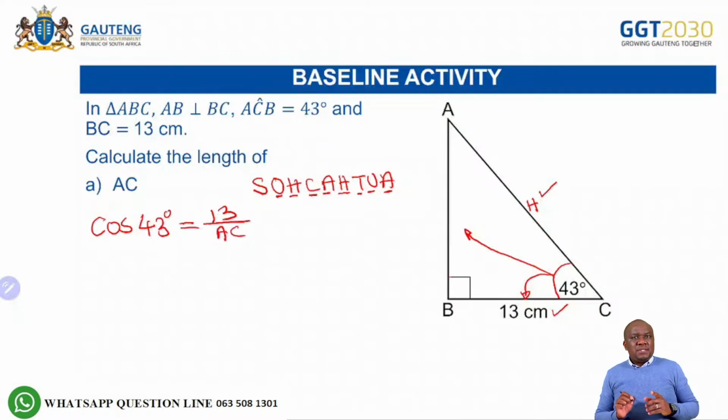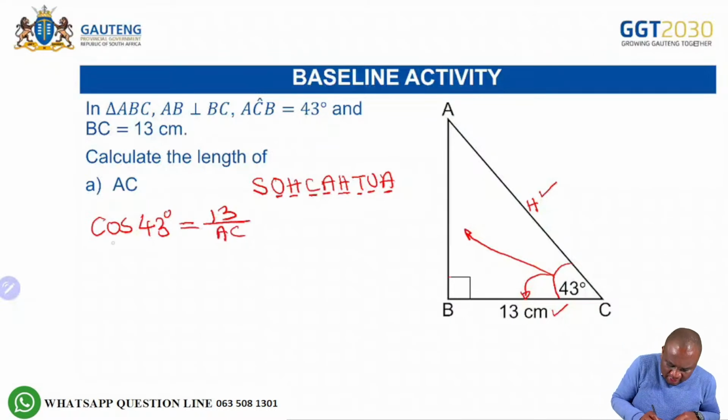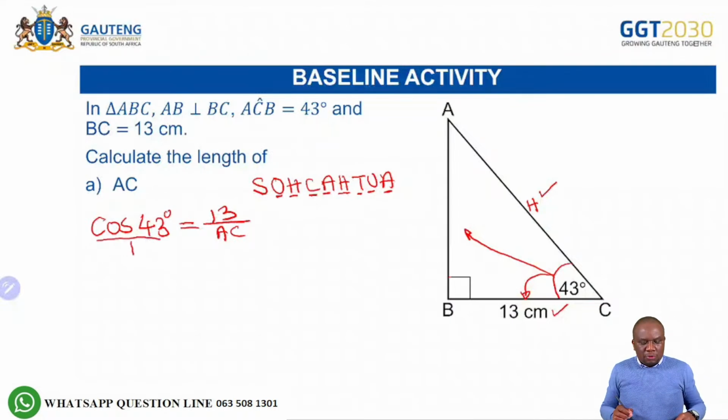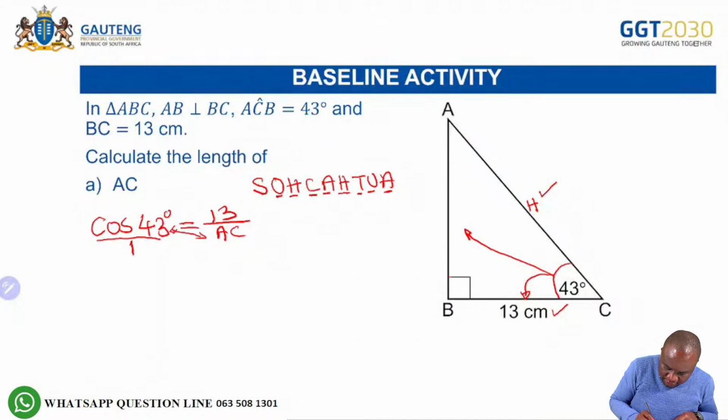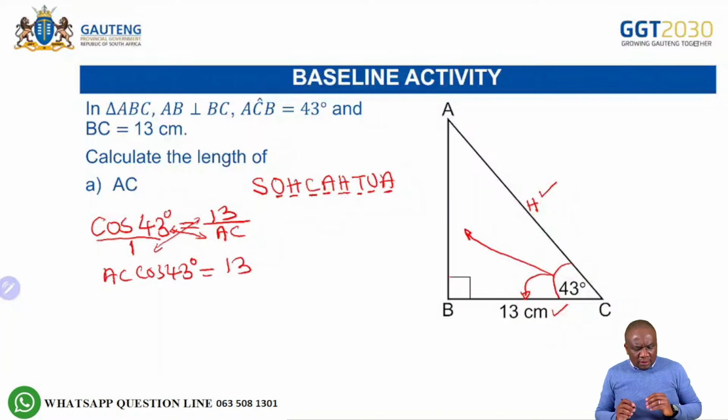The best thing to do here is to make this cos 43 over 1, and then you cross multiply. It becomes AC cos 43 degrees is equal to 13 times 1, which is 13.